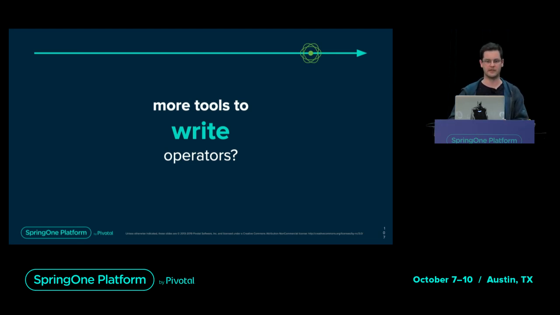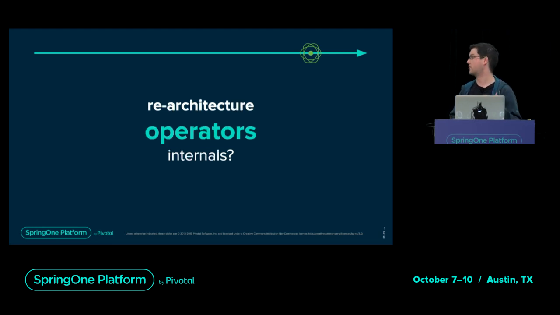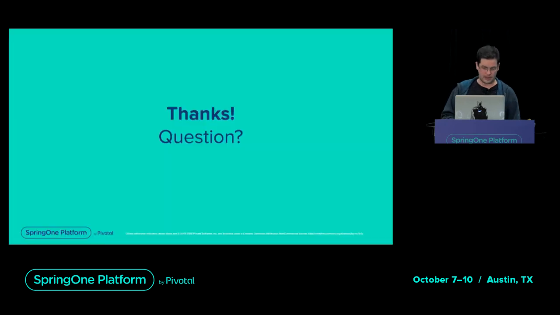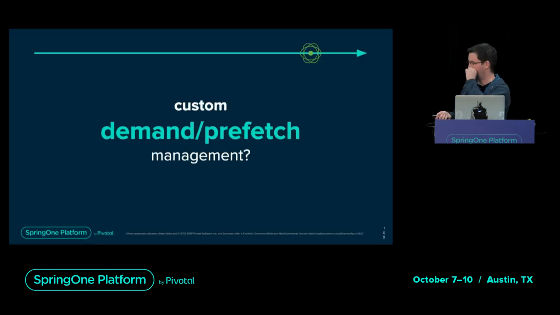But having this composability of operators is something that will stay beyond Loom, in my opinion. Re-architecture of operator internals. And yeah, custom demand or prefetch management is another topic that we'd like to explore, but it's further away, probably.